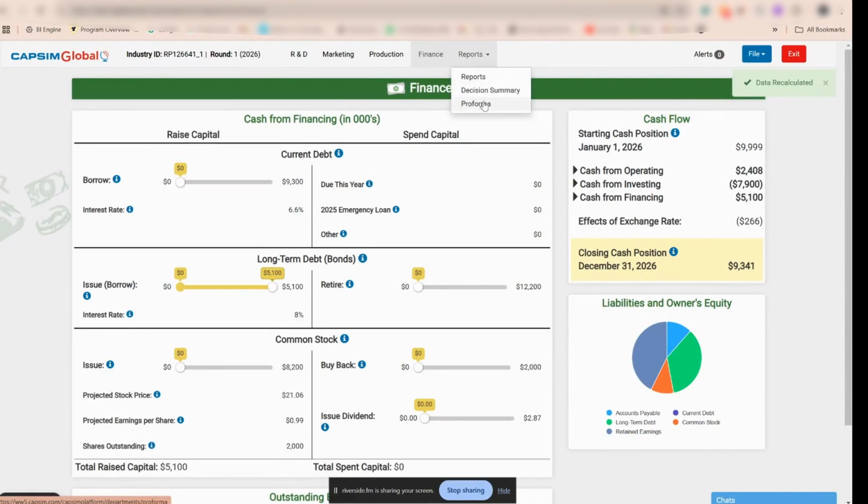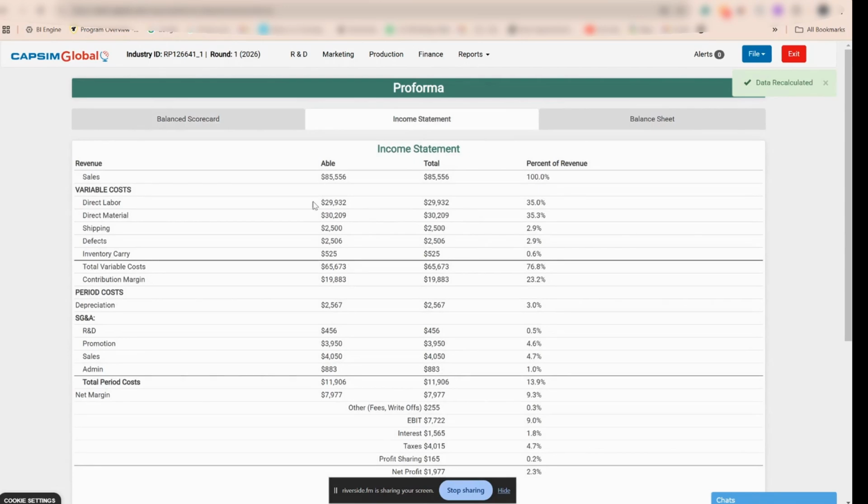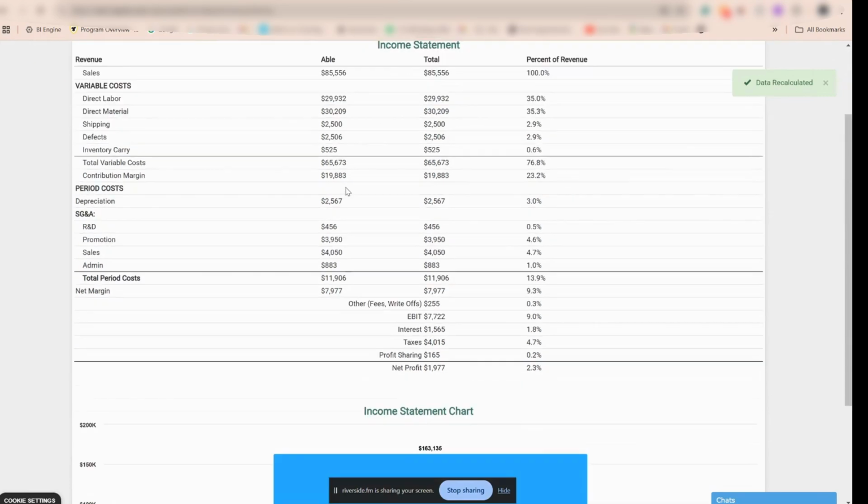Somewhere you need to always check to see how you're doing, and don't get fooled by it, because you still need to make the right decision. If I go to Proforma right now, it's saying I'm at 48%. That's the score. It's not good. I want to be at 70. Income is saying I'm going to generate about $85,000 in sales. I like that.